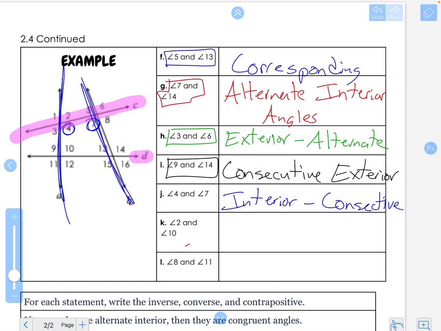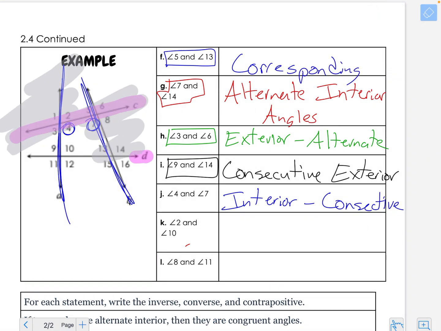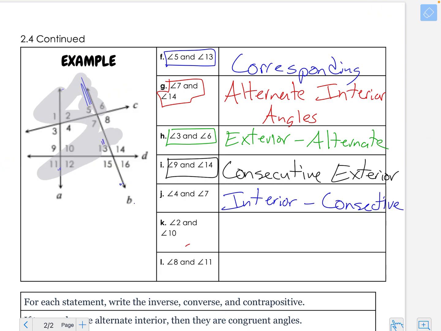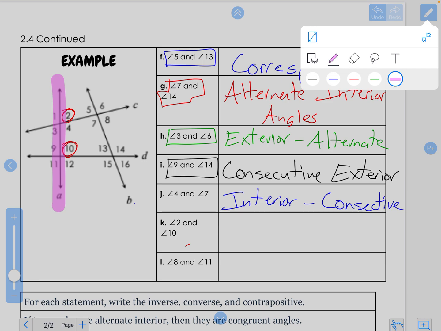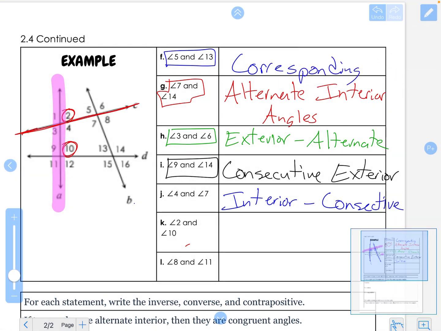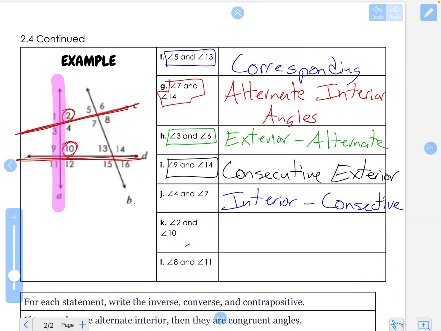All right, now we're looking at 2 and 10, which means we need to refresh on our graphic here. If I have angle 2 and angle 10, the line that runs across both of them is going to be A. And that makes lines C and D the lines that my transversal crosses.